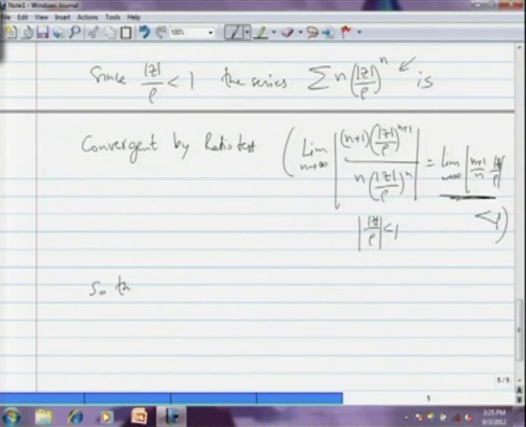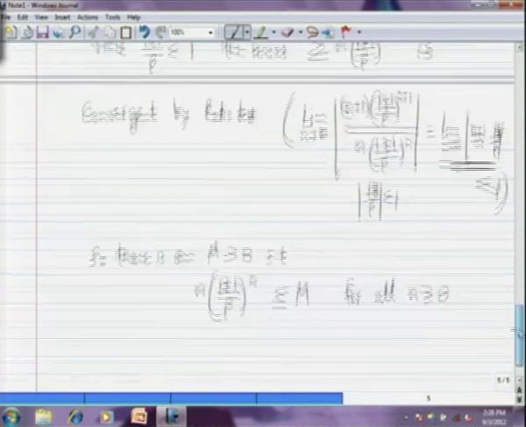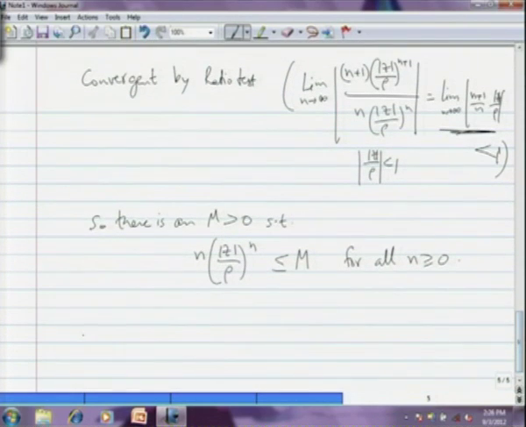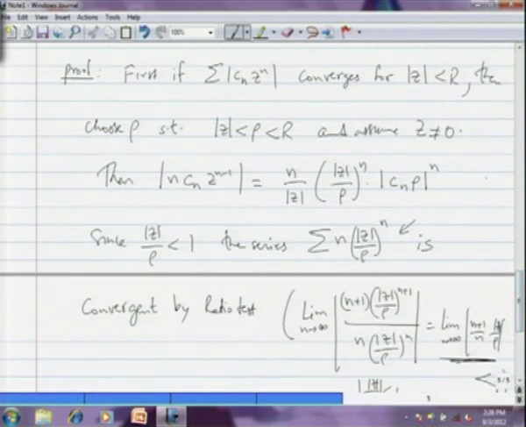So, there is an m positive, such that, I apologize, each term in the series, n mod z by rho power n, is less than or equal to m for all n greater than or equal to 0. Therefore, by the above, I will call this star.